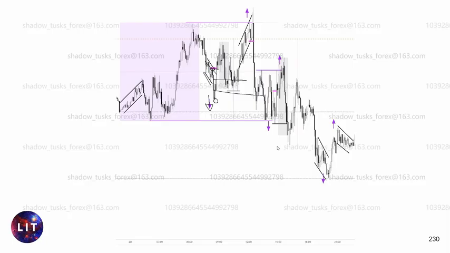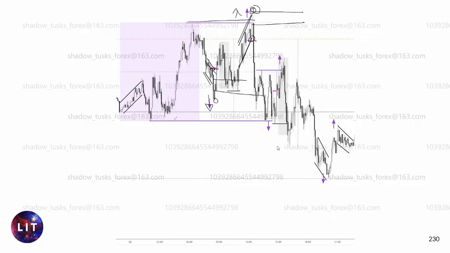Again, this is why sometimes waiting for the break of structure can be a little bit iffy. So again, build up, inducement high, this is the high, this is the low that caused the high, break of structure, and then you see ideally we get this mitigation.